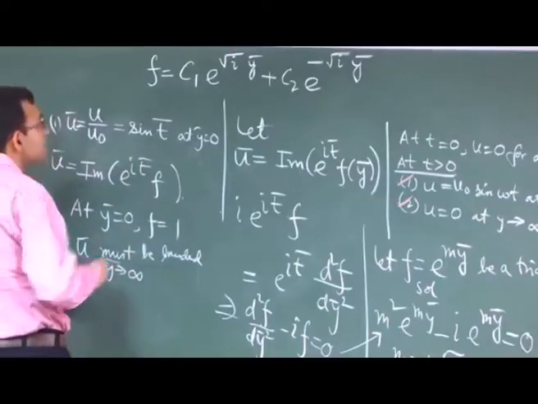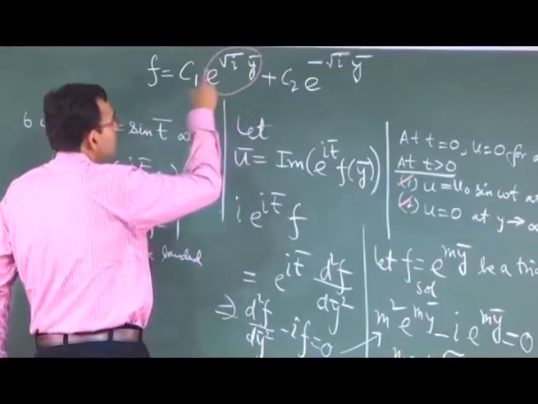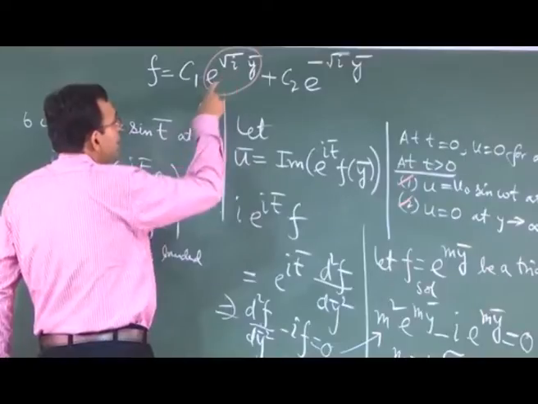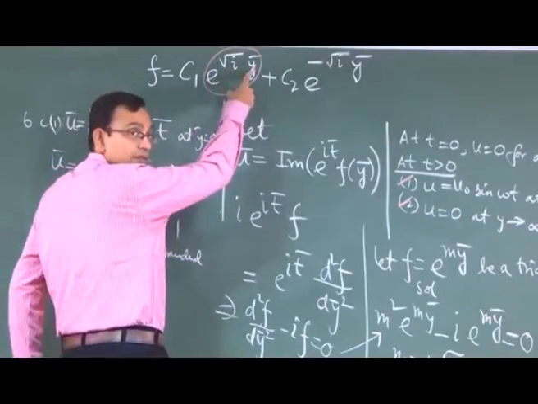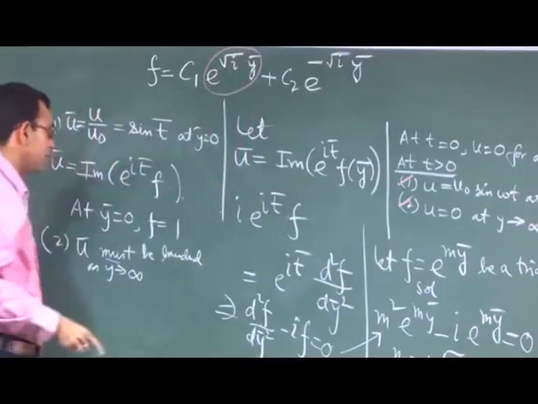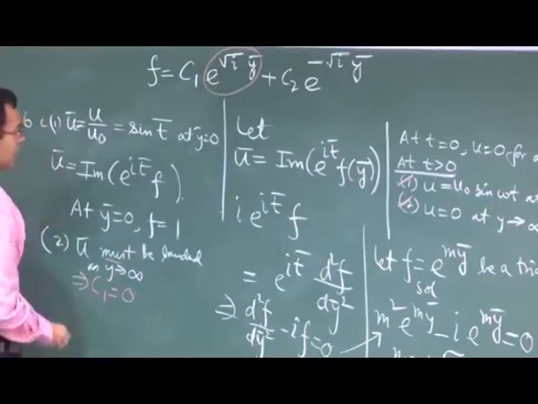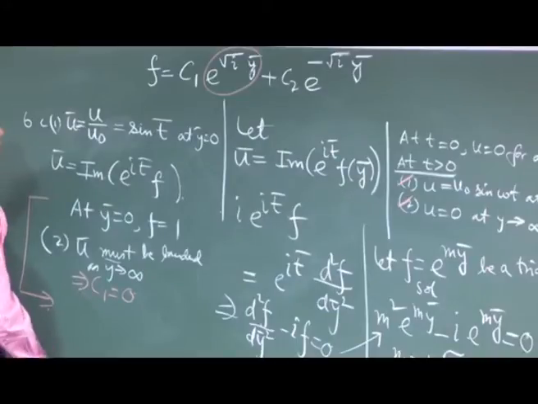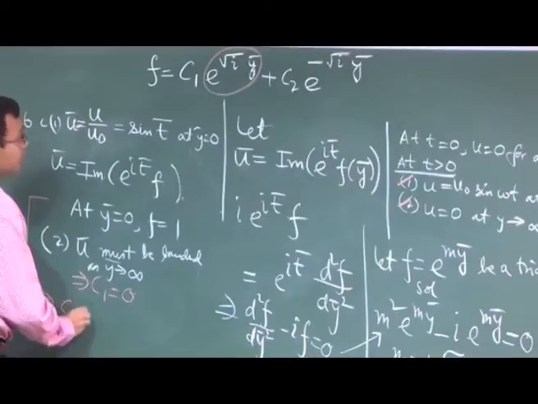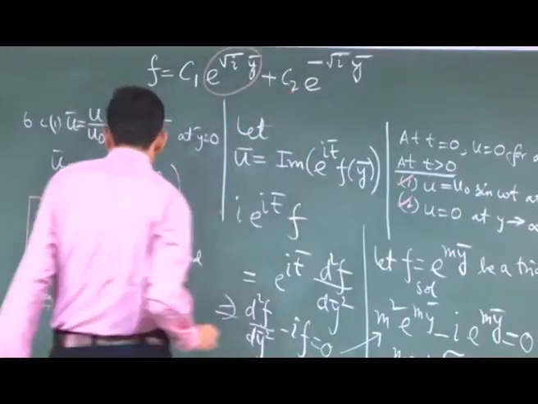Now, if you see this form, if you allow this term to be there, then it can exponentially magnify u as y tends to infinity, but u has to be bounded. So, that physically tells you that C1 must be 0, and then at y is equal to 0, f is equal to 1, that means C2 is equal to 1, because if you put y equal to 0, f equal to 1, you will get C2 equal to 1.